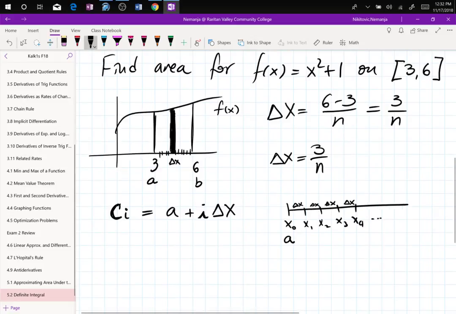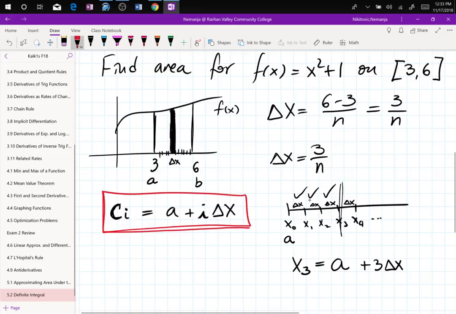So how do I get x3? How do I get x3? I start at a, whatever a starts, plus 3 times delta x. You see, 1, 2, 3 delta x's to reach x3. So the formula I have up there makes sense.